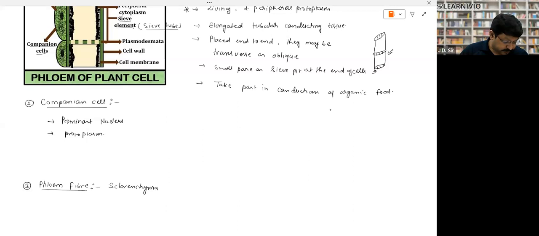Next is the companion cell. I have told you that they have a prominent nucleus and protoplasm is present.